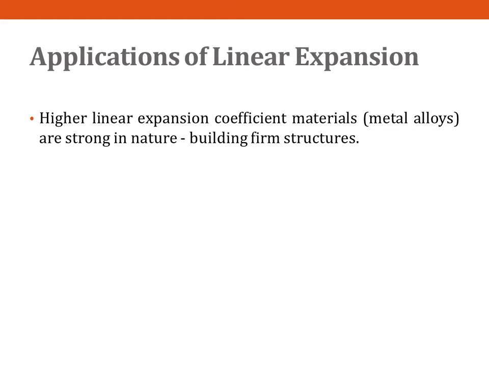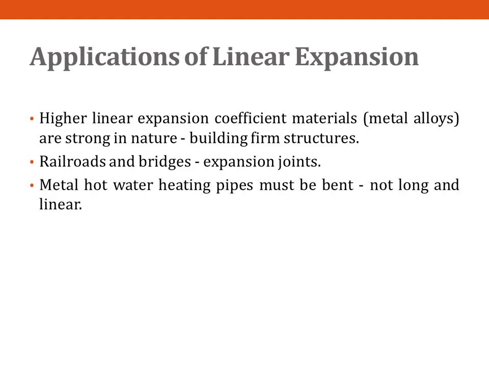Higher linear expansion coefficient materials such as metal alloys are strong in nature and therefore are used in building firm structures. Railroads and bridges are prone to expansion and contraction depending on the climatic conditions, and therefore expansion joints are used in order to make them firmer.